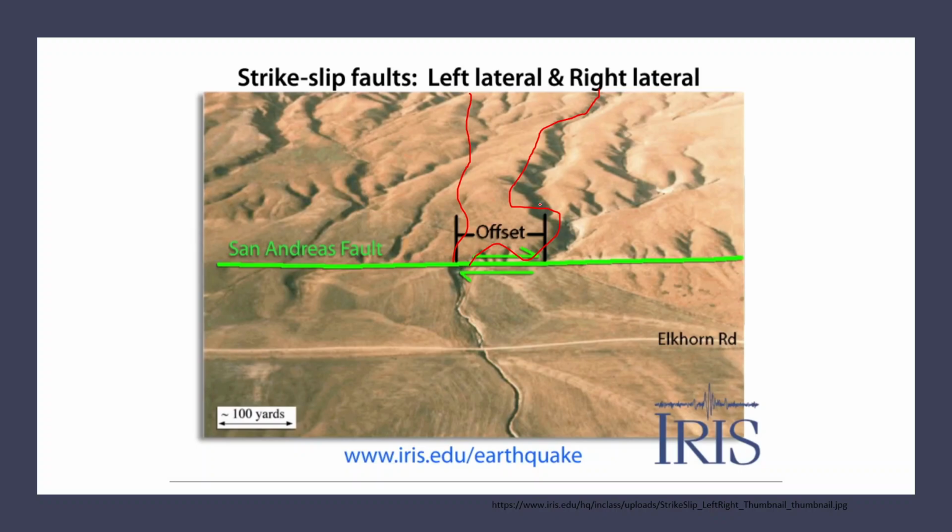I don't think you have to go into detail regarding left lateral and right lateral, but for the basic idea, I'll just tell you. Let's say you have this block. I'm standing over here on this block, and I'm looking towards this block.